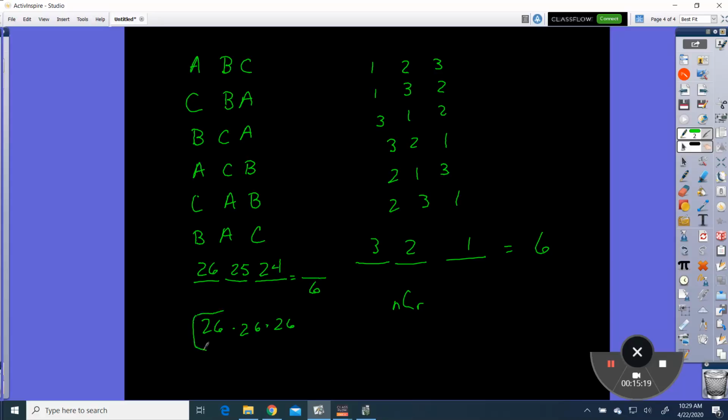If order doesn't matter on this one, we'd have a whole lot more from our three letters because we could now have this. Okay, so that's just with the first two being A's, and then we could have ABA, ABB, ABC, and so forth. That's just A's.